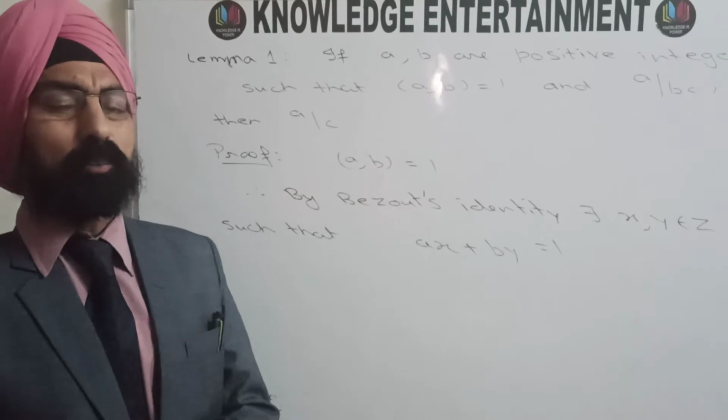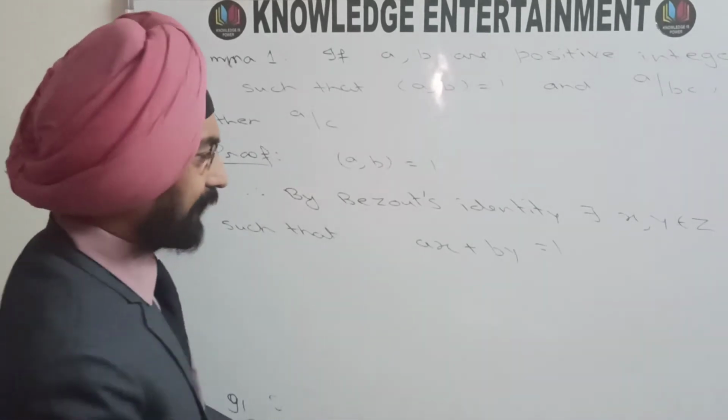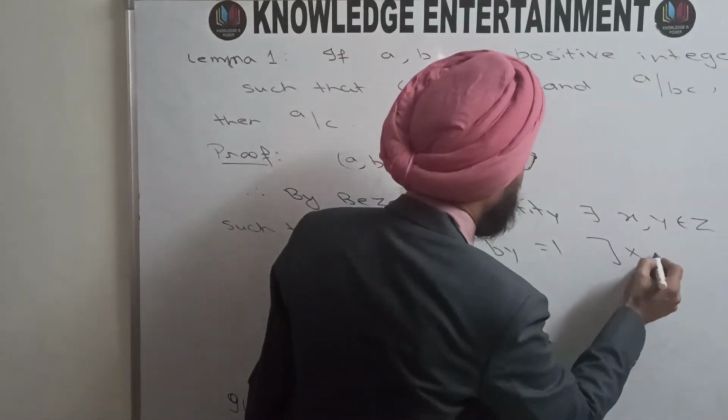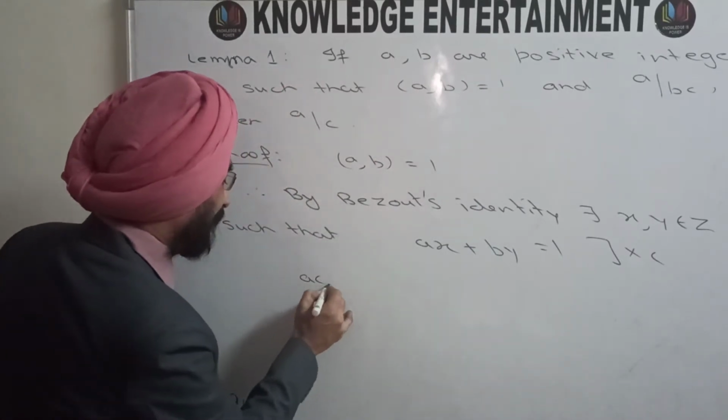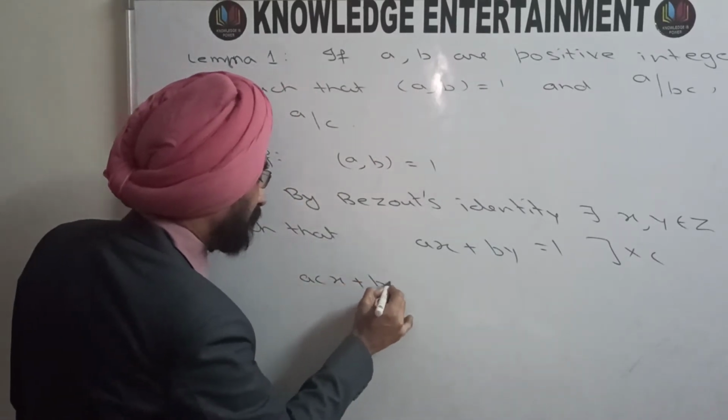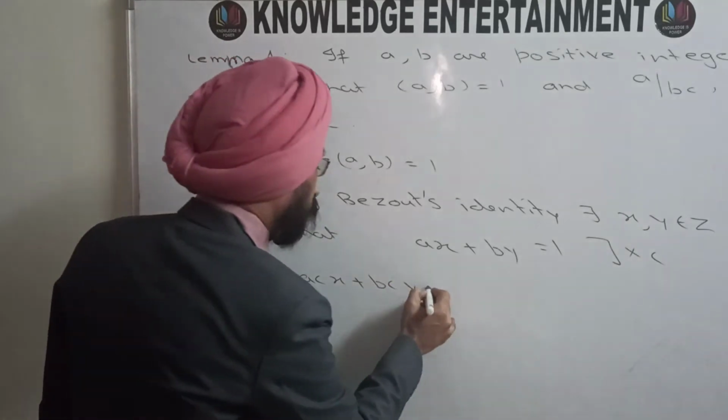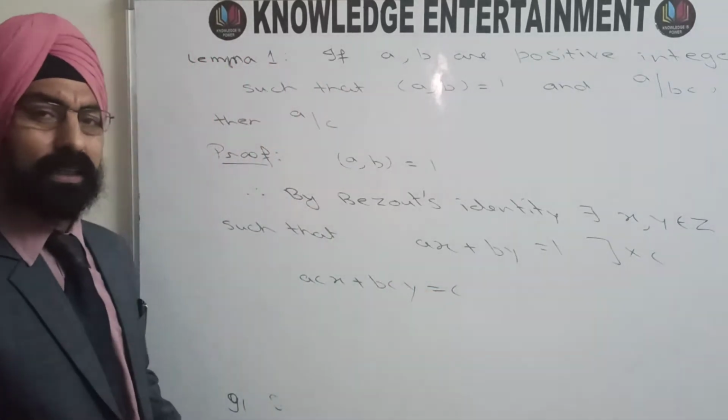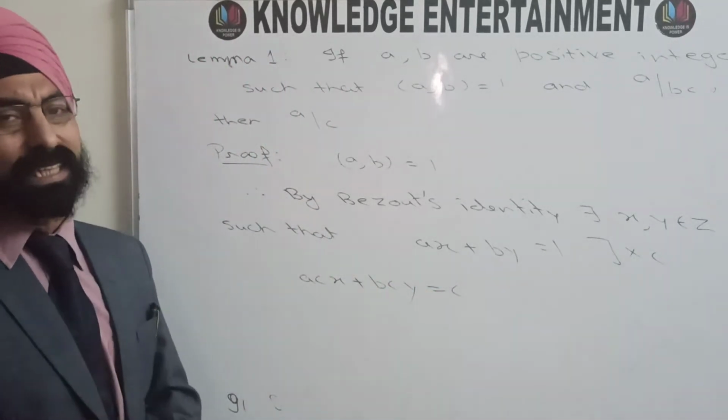And now multiply both sides by C. So multiplying both sides by C, what you are going to get is ACx plus BCy equal to C.